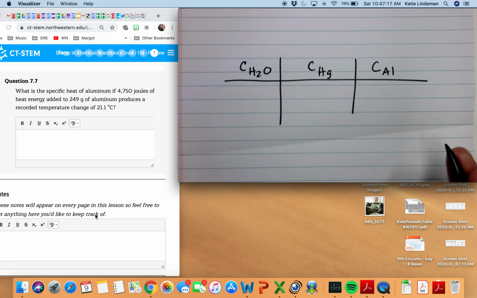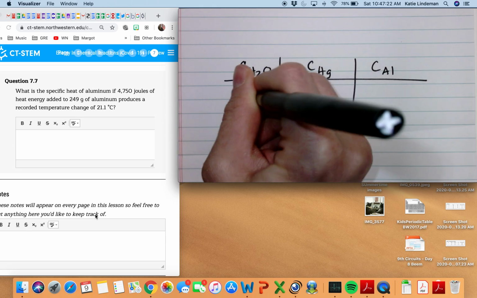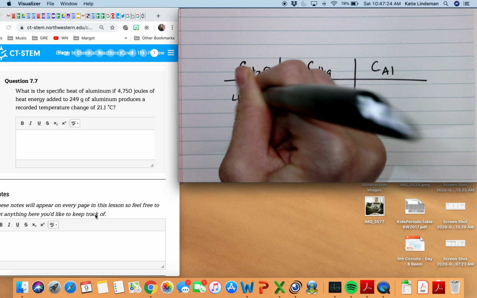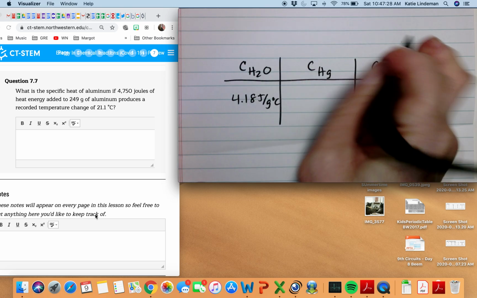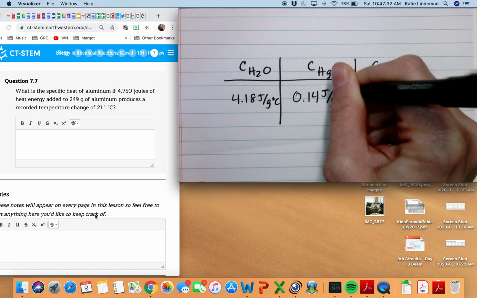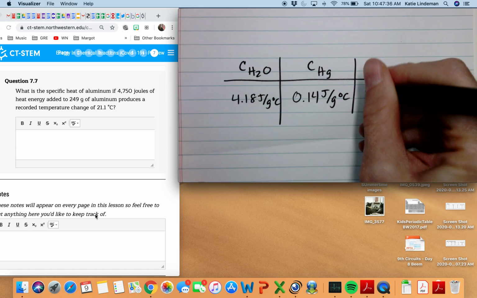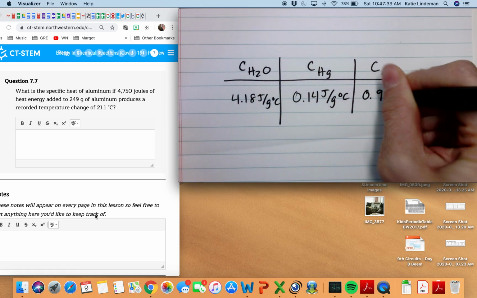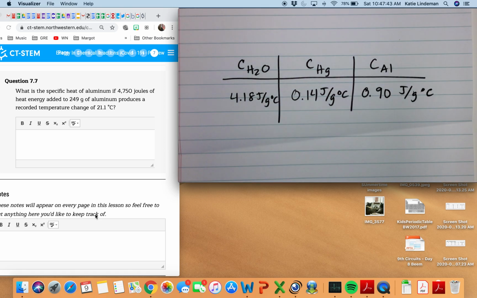So the specific heat of water is 4.18 joules per gram degrees Celsius. The specific heat of mercury is 0.14 joules per gram degrees Celsius. And the specific heat of aluminum we just calculated to be 0.90 joules per gram degrees Celsius.